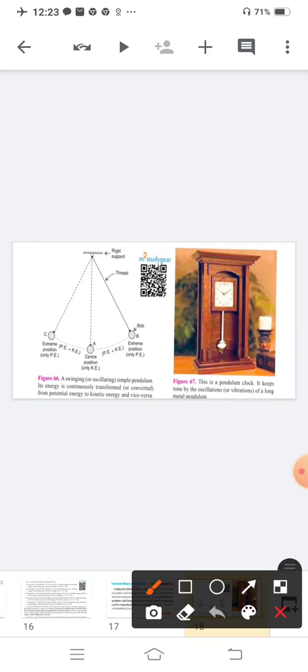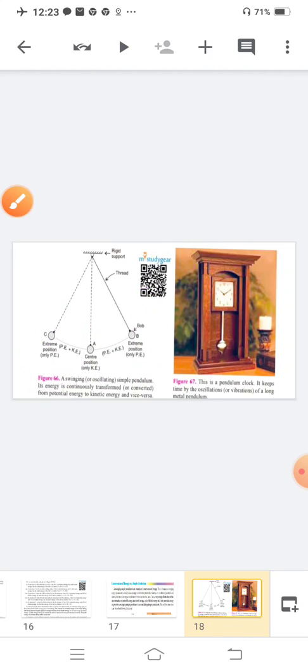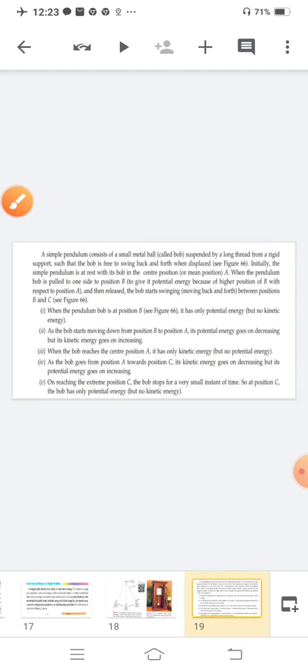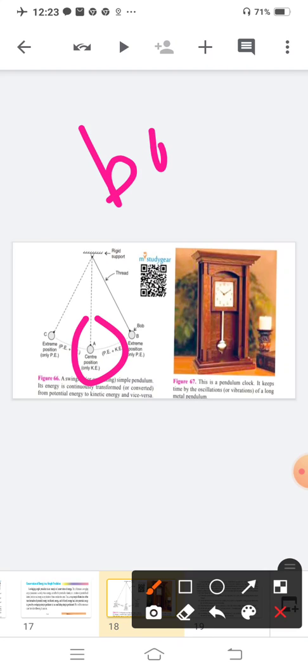See here, center position, extreme position, and this is also an extreme position. Now center position, that means due to its motion. Okay, this is explained here. Listen here. A simple pendulum consists of a small metal ball, and this metal ball is called the bob.